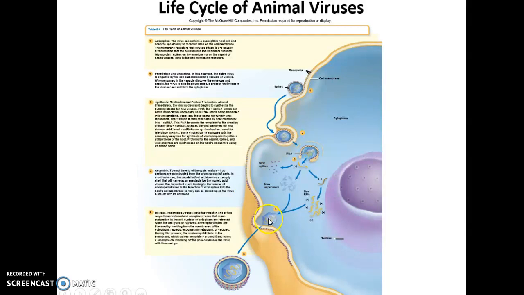And so when this virion buds out of the host cell through exocytosis, it's going to have those spike proteins on its envelope. And those spike proteins are going to allow it to specifically bind to a new host cell.